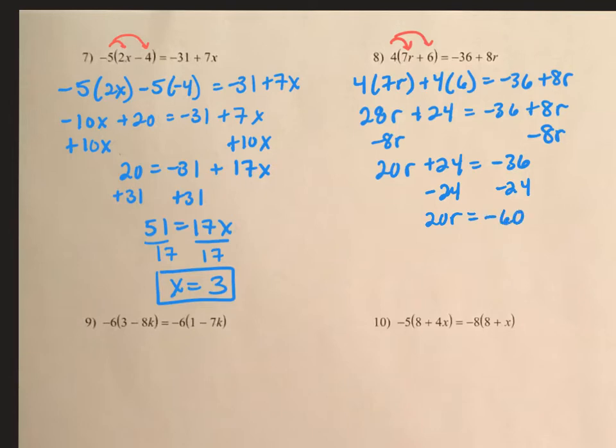Now I get rid of the coefficient by dividing by 20. What I do to one side, do to the other. Balance that equation. Negative 60 divided by 20 is a negative 3. Just remember negative divided by positive gives you negative. So r equals negative 3.